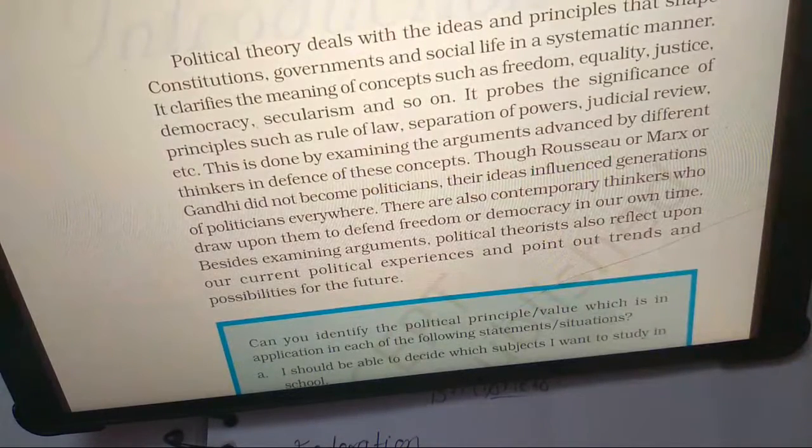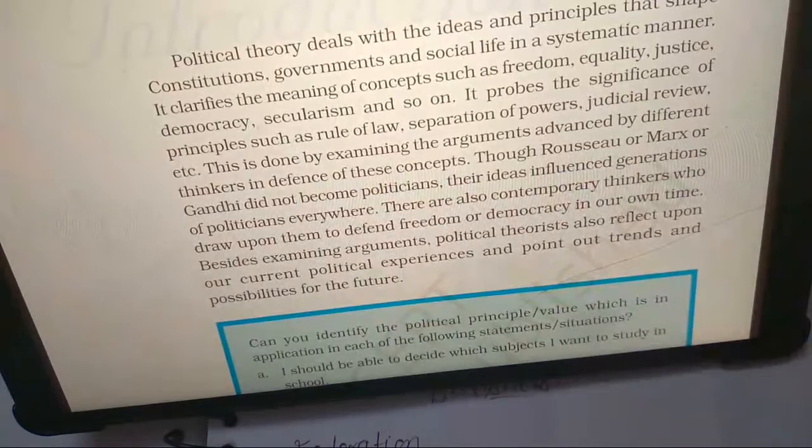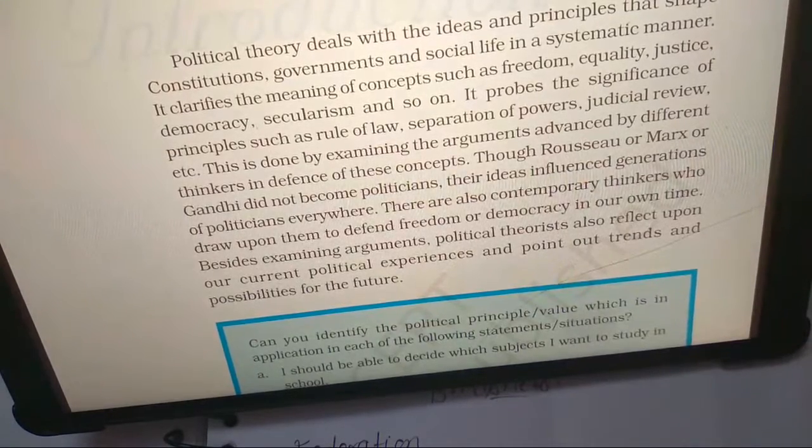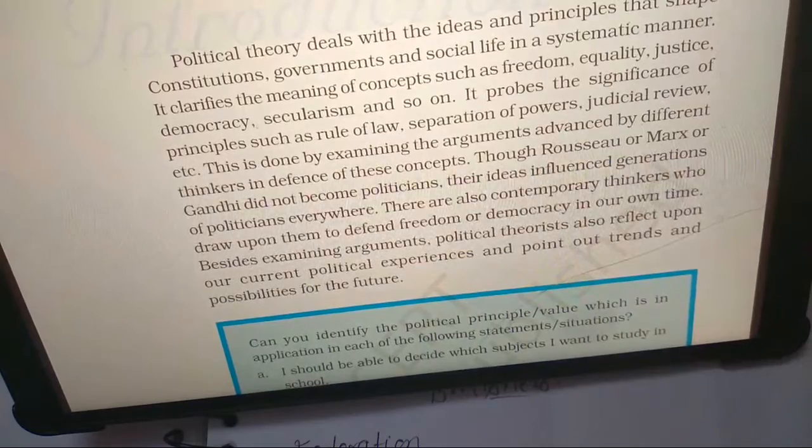Though Rousseau or Marx or Gandhi did not become politicians, their ideas influenced generations of politicians everywhere. There are also contemporary thinkers who draw upon them to defend freedom or democracy in our own time. Besides examining arguments, political theorists also reflect upon our current political experiences and point out trends and possibilities for the future.